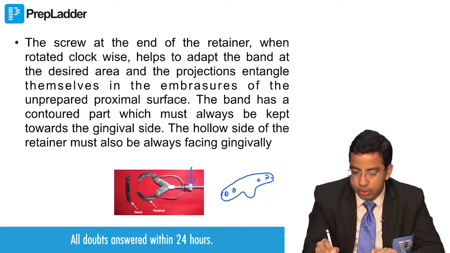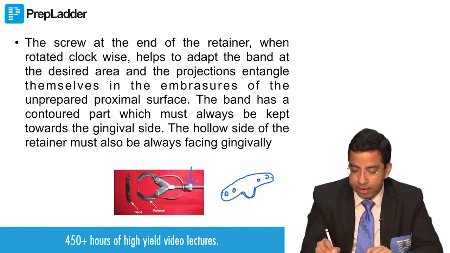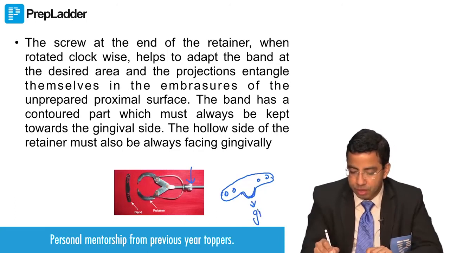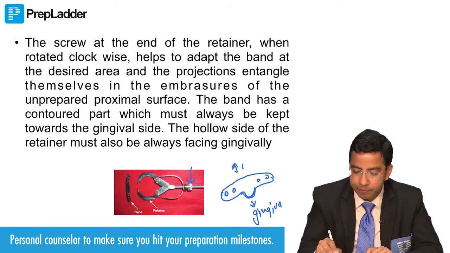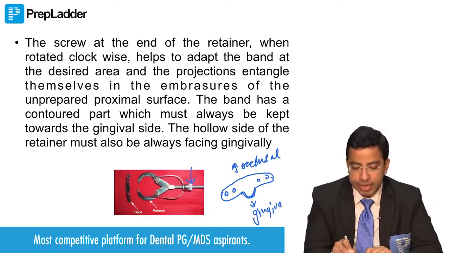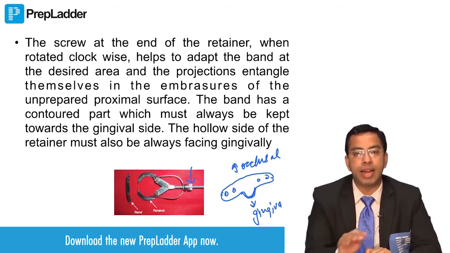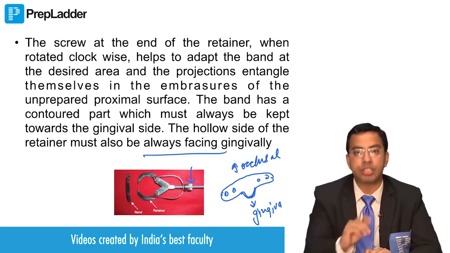The holes get entangled into the retainer, and this contoured part is towards the gingiva, and this plain area is towards the occlusal surface. Okay. This retainer also has a hollow side and it has a flat side. The hollow side must always face gingivally. That's the rule.